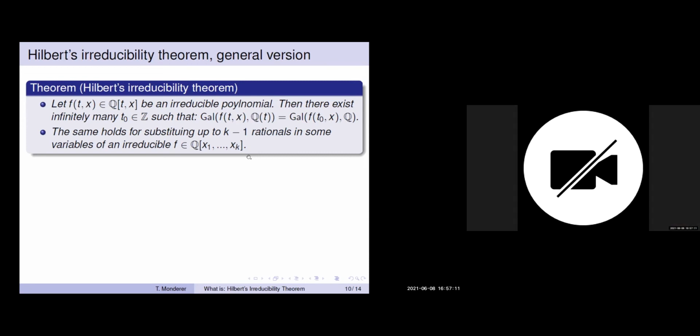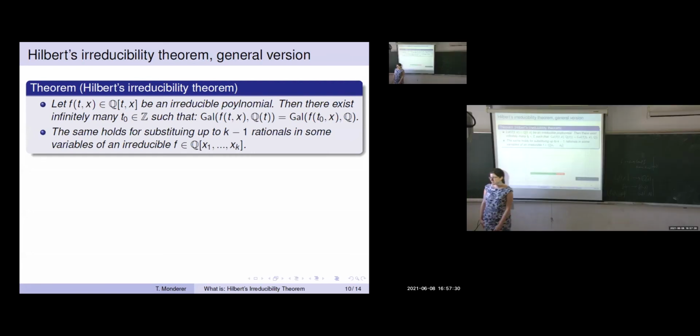Maybe it's stupid, but you're saying that the Galois groups are equal, and that's how we know it's still irreducible, because it acts transitively on the roots. So I'm asking, is it the same set of roots actually? Like, is it clear? Okay.